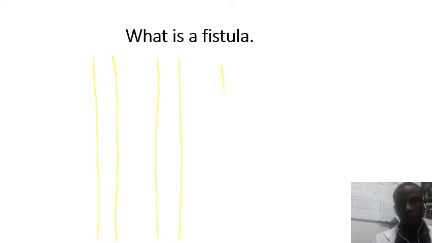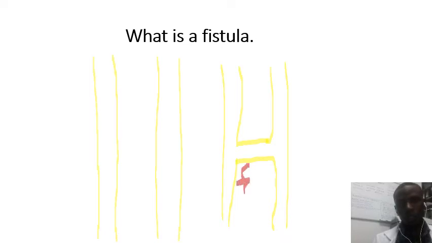But if it happens that you abnormally find a connection connecting structure A to structure B, then we shall say they have formed a fistula. So at this point here, I can say that this is a fistula.